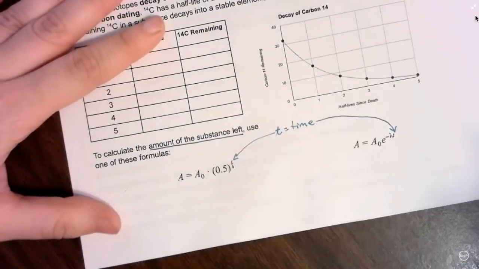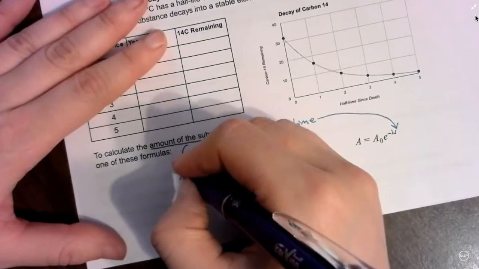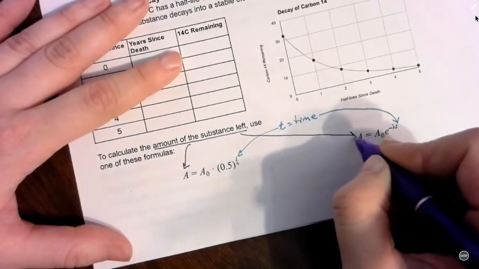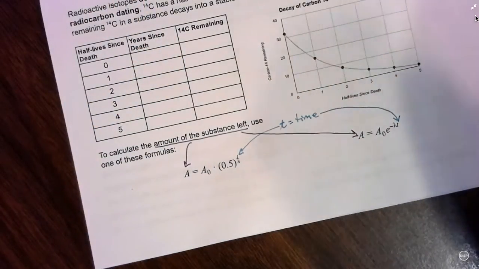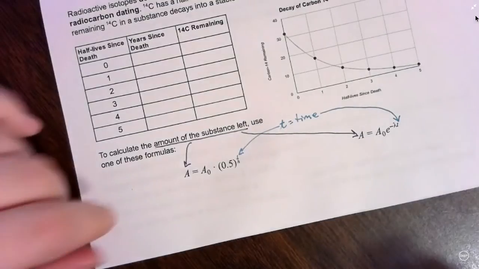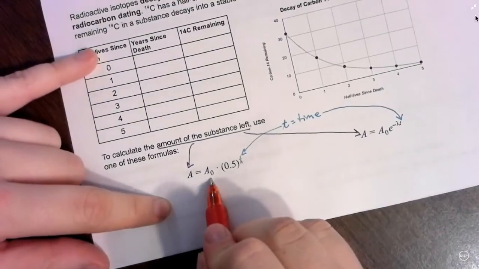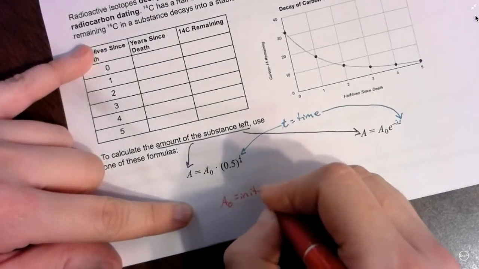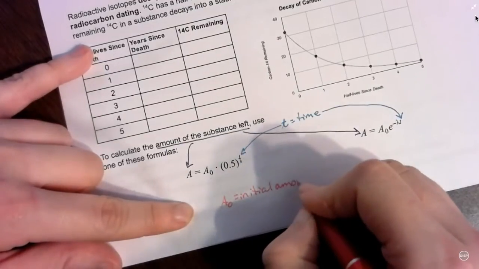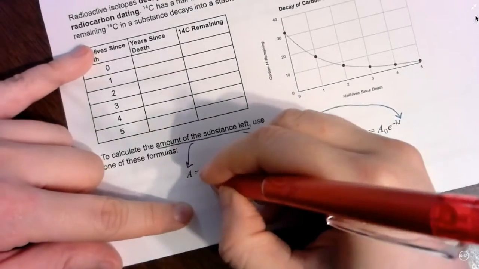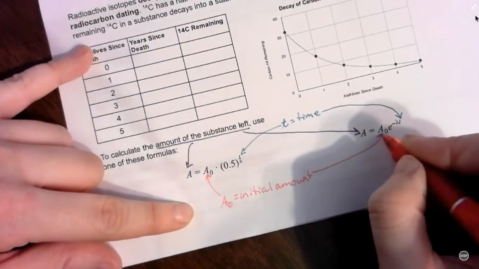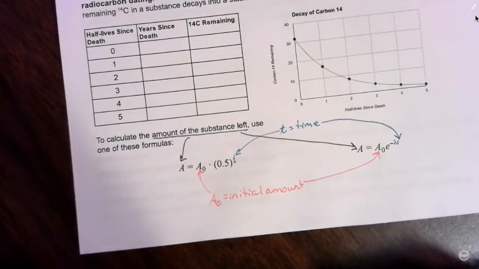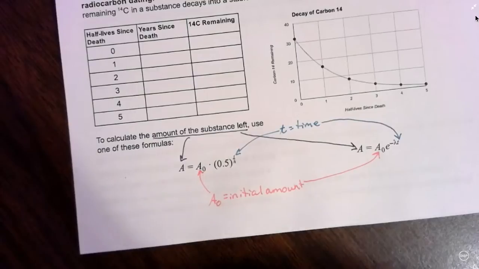The amount of substance left after all that time is going to be your A. A sub 0 is going to be your initial amount. Now both formulas each have one variable that is all their own.